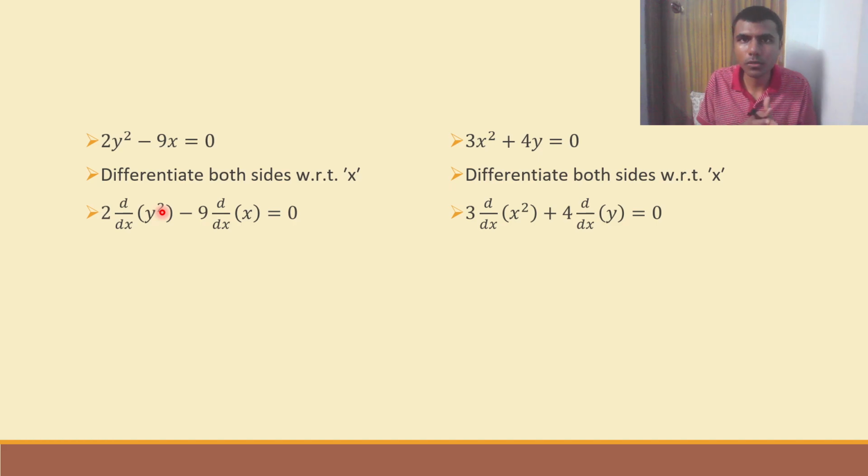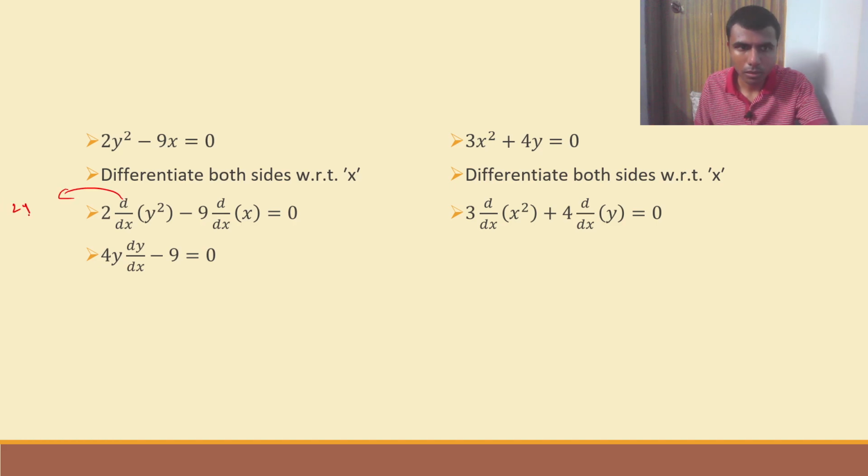So as per chain rule, I'd get 2y into dy by dx. Okay, now 2 into 2y is 4y. So here already a 2 is there. 2 into 2y is 4y. So 4y dy by dx minus derivative of x, which is 1. Okay, fine.